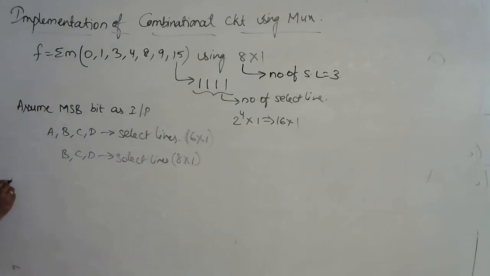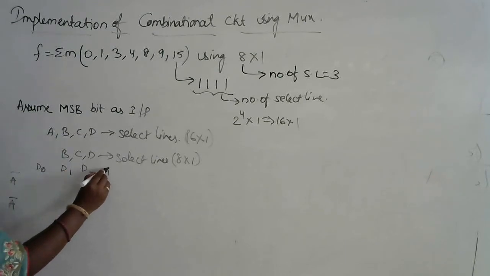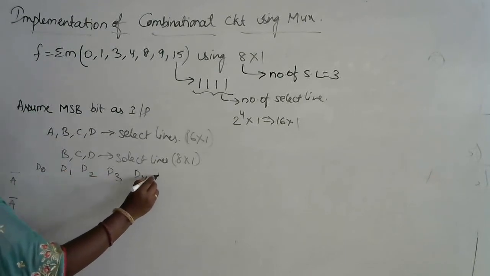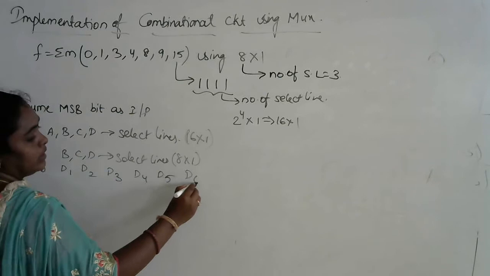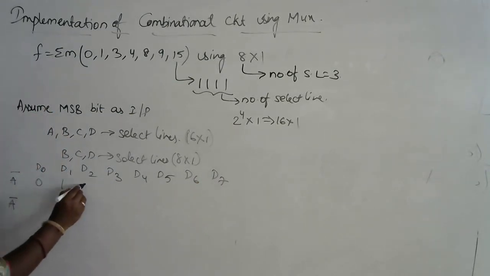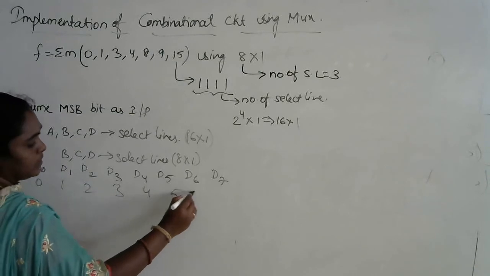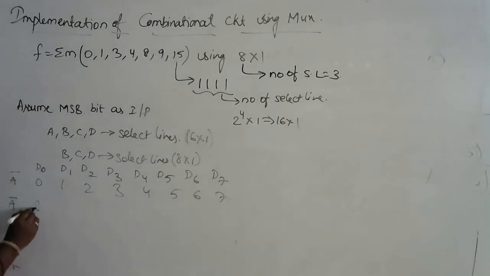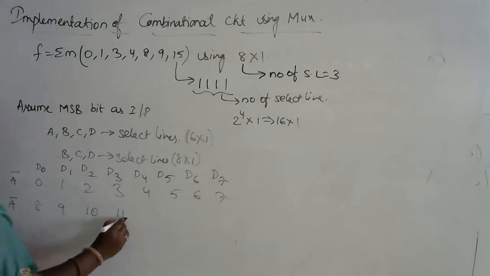If A is an input, this is A bar, this is A. And we need to write down the 8 by 1 consisting of 8 inputs D0, D1, D2, D3, D4, D5, D6, D7. Here there is no need to always write down the complete numbers, just write down 0 to 7 followed by 8 to 15.